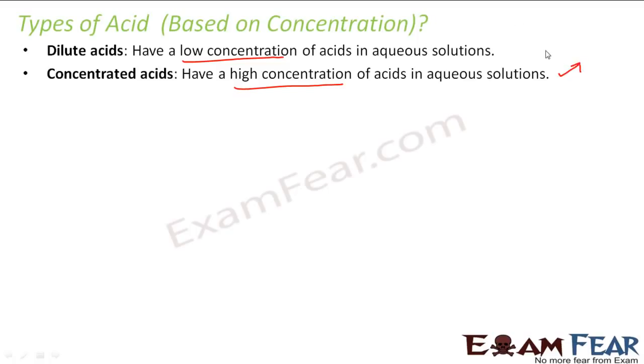If it is dilute, it will react less. For the same acid, for example hydrochloric acid, if it is concentrated, it will react more, it will be more powerful. If it is dilute, it is a mild version of hydrochloric acid. It will react less. So the more dilute, the lesser the reaction power.